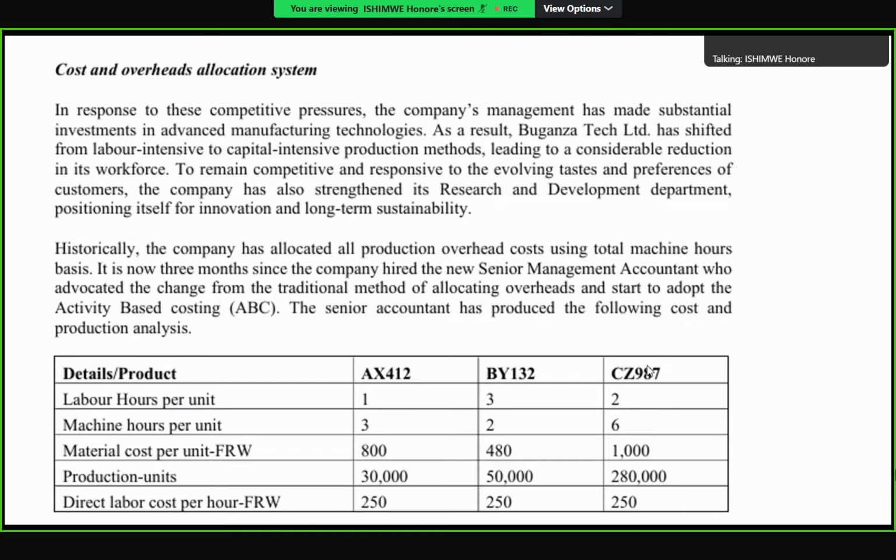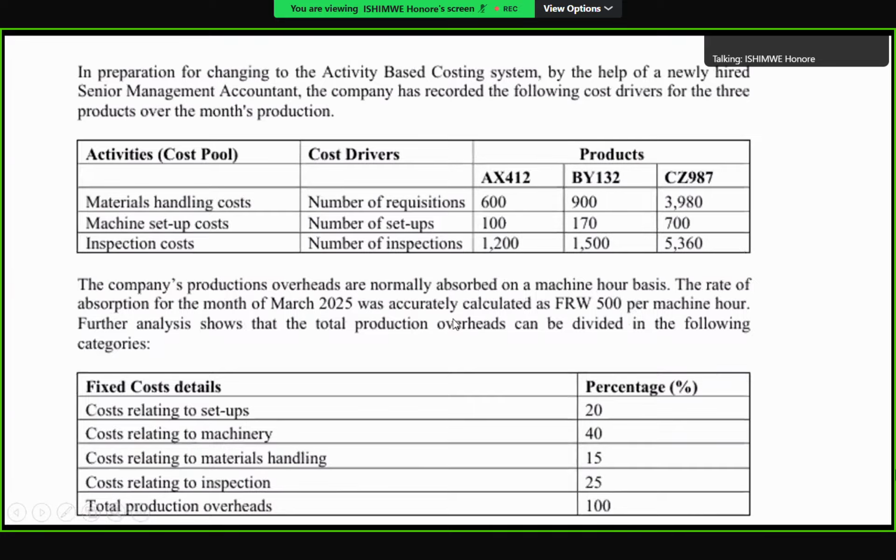Now we can continue. In preparation for changing to the activity-based costing system, with the help of the newly hired senior management accountant, the company has recorded the following cost drivers for the 3 products over the month's production activities or cost pools.